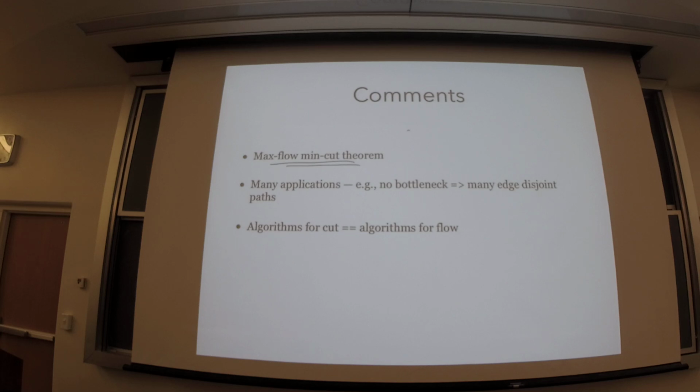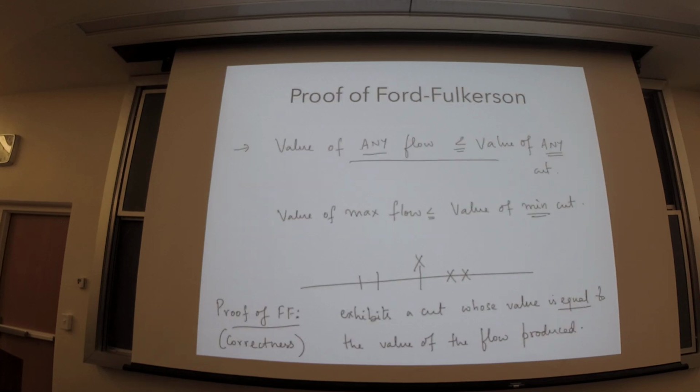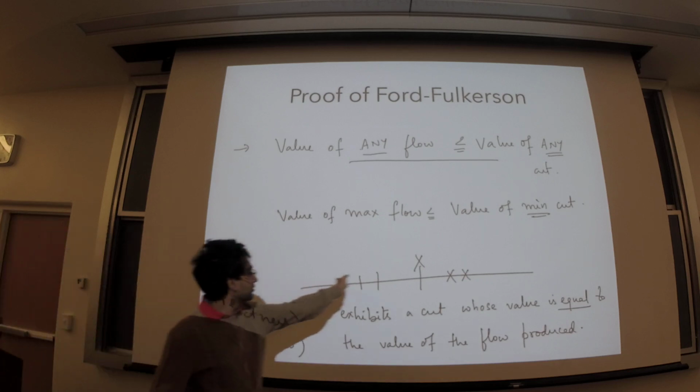So in general, in any graph, max flow is equal to the min cut. So this is the picture you've got to remember.